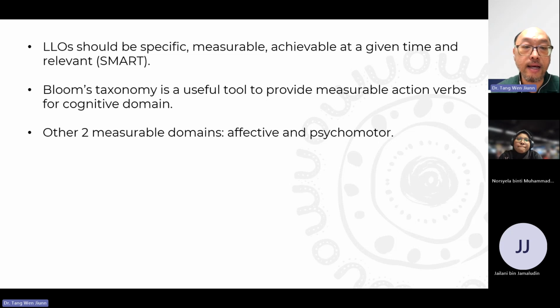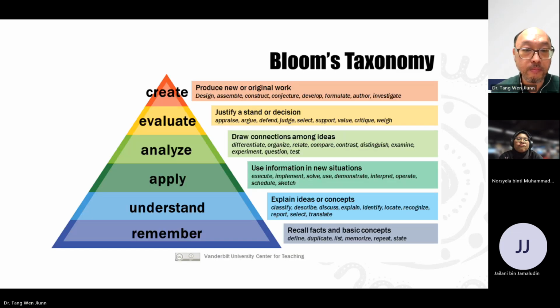Of course, we have two other taxonomies, affective and psychomotor, but most of the time we use Bloom's for cognitive, because that's the easiest to do. Later, I will share the sites for these taxonomies so that you can read further during your free time. So, just quickly go through.